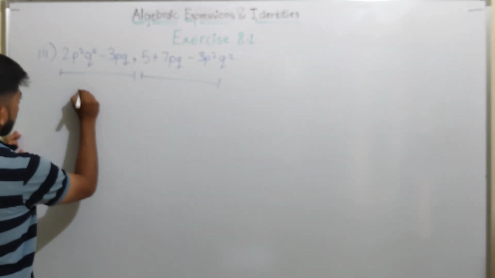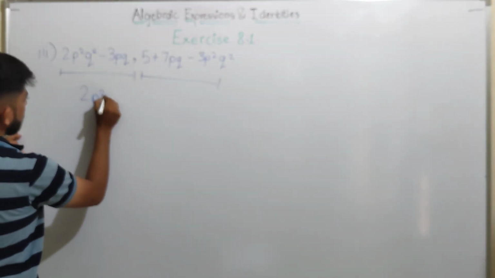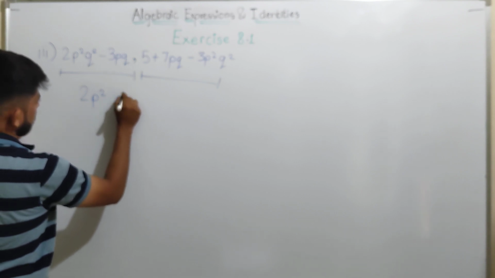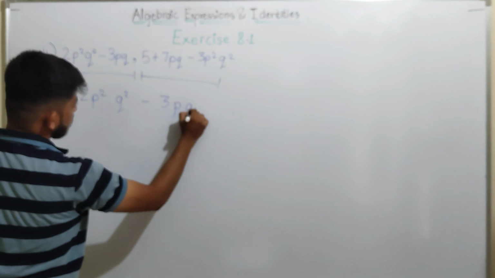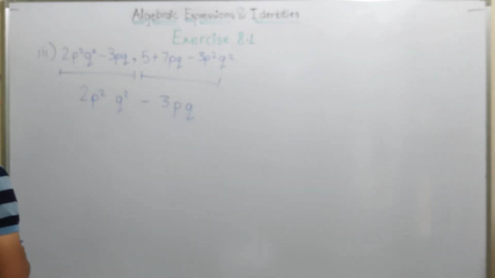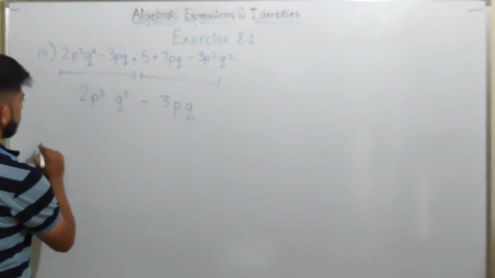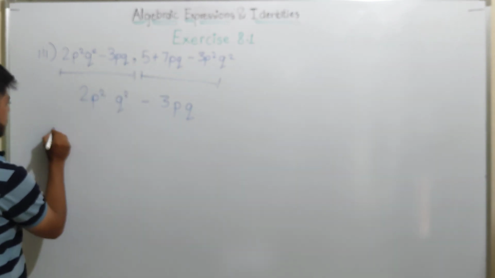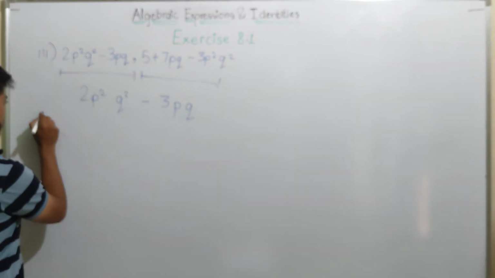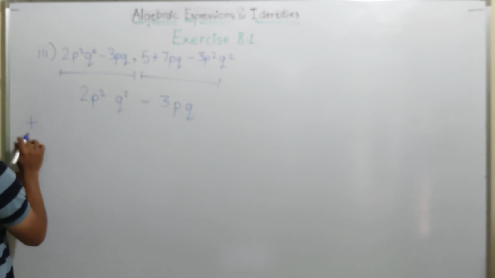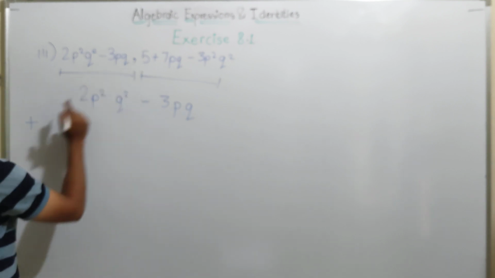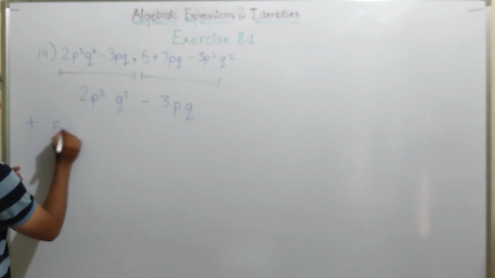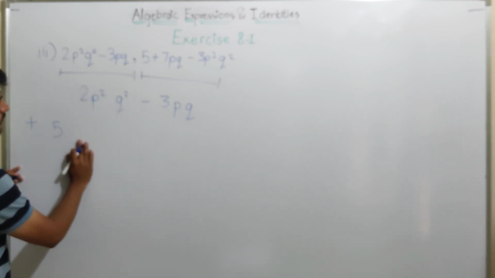I'll rewrite it. 2p²q² minus 3pq, right? I'll write the second term, and I'll write plus over here, because we are going to add. 5 plus 7pq.